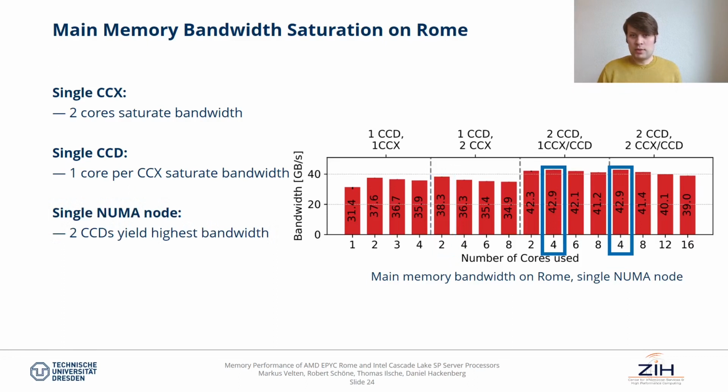Going to the entire NUMA node with its 2 CCDs, we can see that 4 cores are enough to saturate the bandwidth, either by using 2 cores on only one of the CCXs per CCD, or by using 1 core per CCX per CCD.